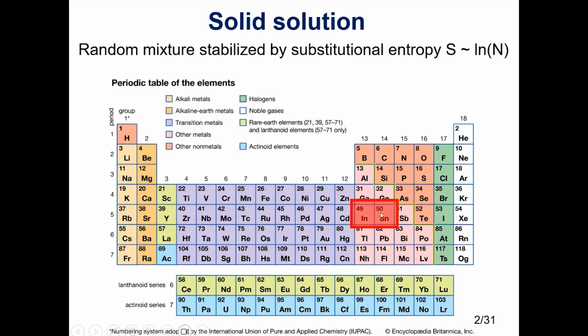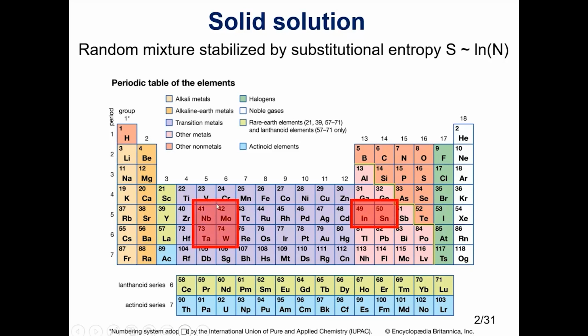Indium and tin sit right next to each other in the periodic table, and they share many chemical properties with each other. On the other hand, because they are in nearby columns, they are not fully equivalent. In particular, tin, with chemical symbol Sn, has one more valence electron than indium, and that will play an important role in the discussion.